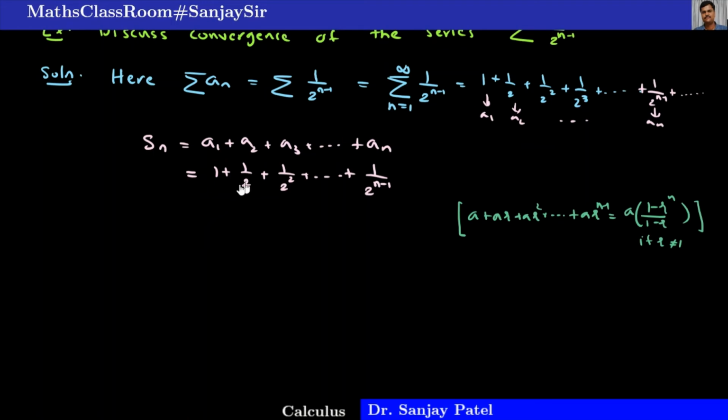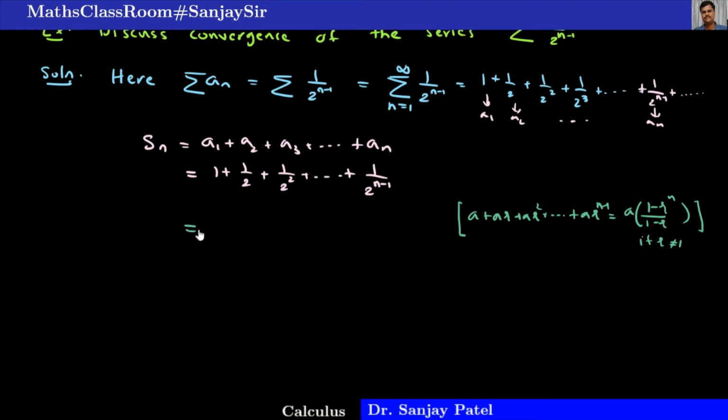So here you can observe that 1 by 2 upon 1 is 1 by 2, 1 by 2 square by 1 by 2 is 1 by 2. This is also a geometric sequence if you consider each term separately. Then the first term a is 1 and the common ratio is 1 by 2.